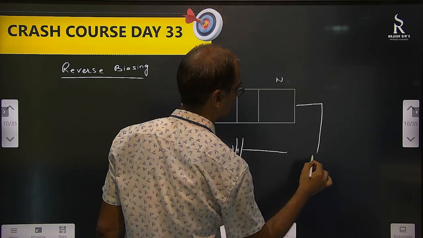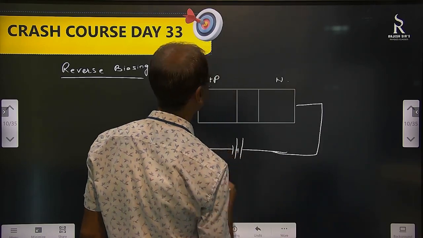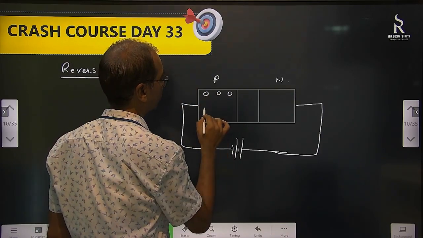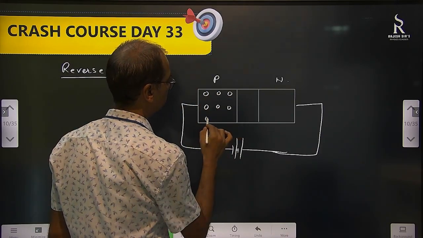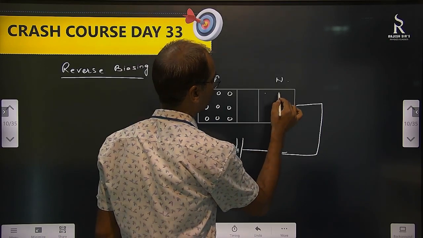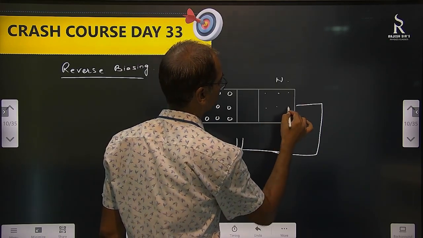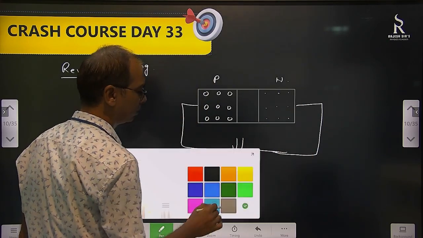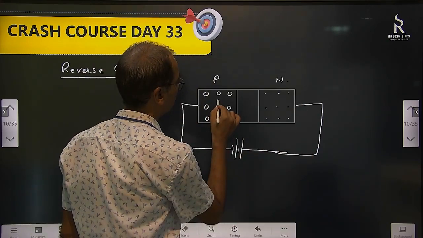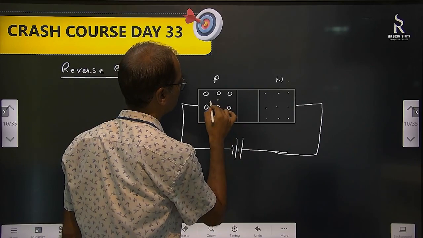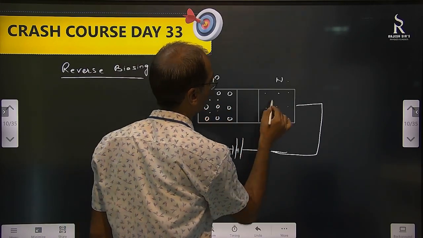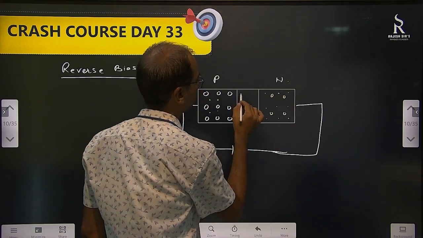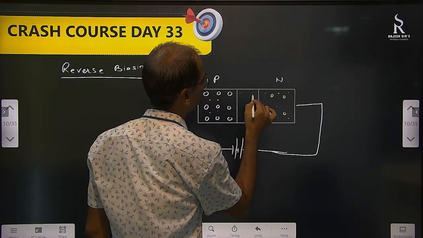P-type means holes are there, and n-type means electrons are there. Majority charge carriers we have marked. Then here electrons will be there as minority charge carriers, and here holes are there.